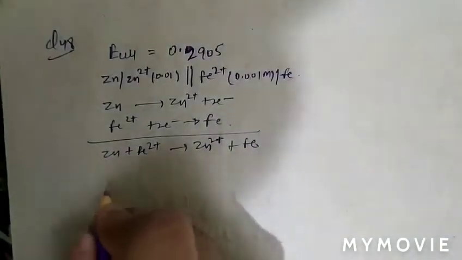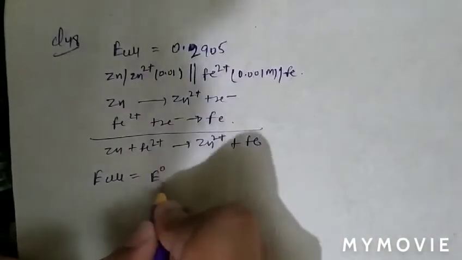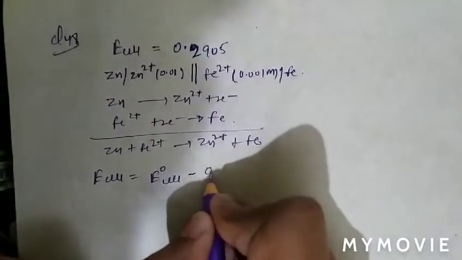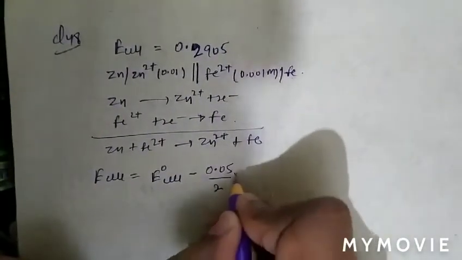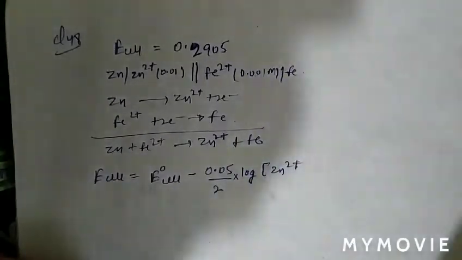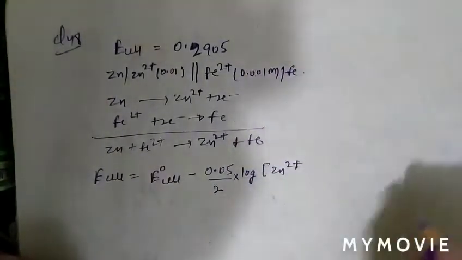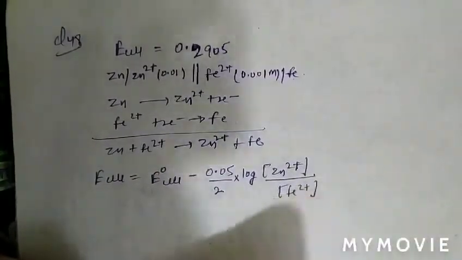Now we can write the Nernst equation for this reaction. E cell will be equal to E naught cell minus 0.059 divided by n into log of concentration of Zn2 plus ion divided by concentration of Fe2 plus ion.